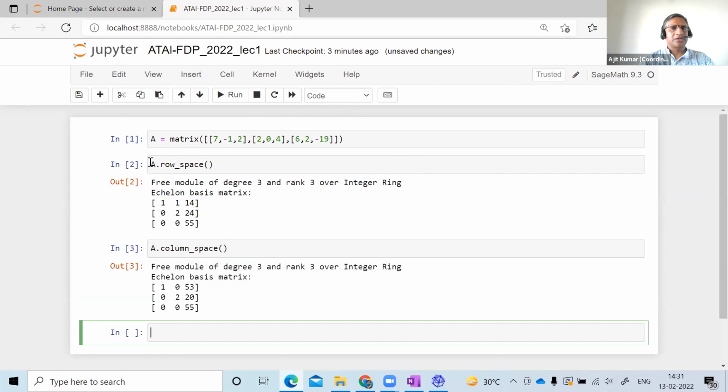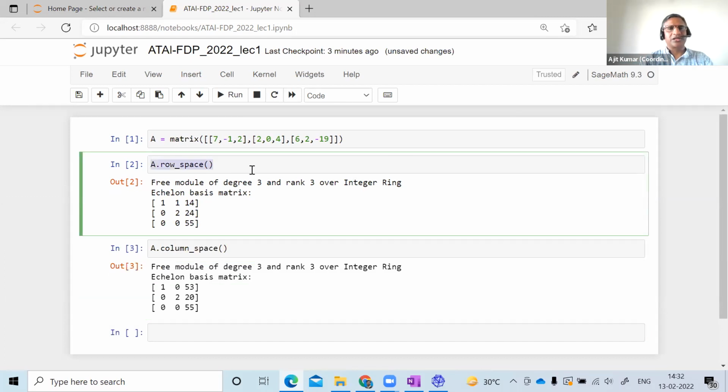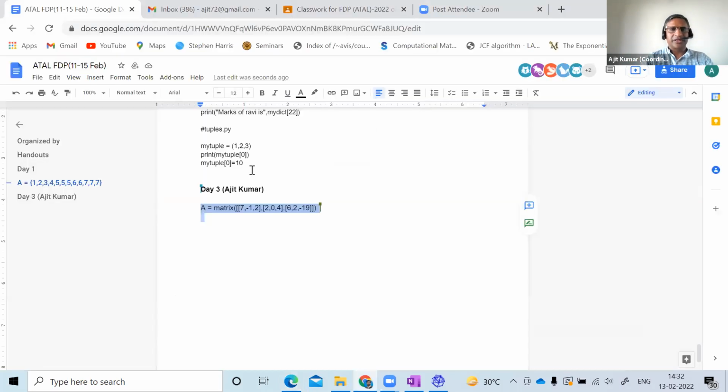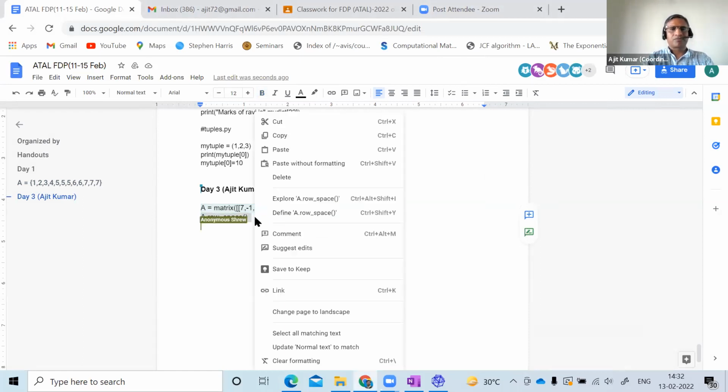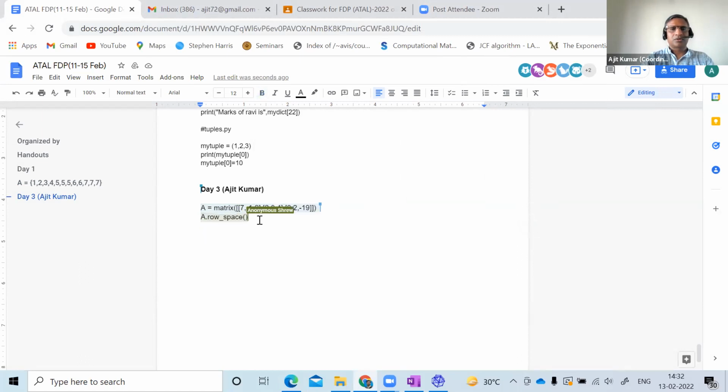You can find the row space, you can find the column space. Anything that you want to do, you will be able to.